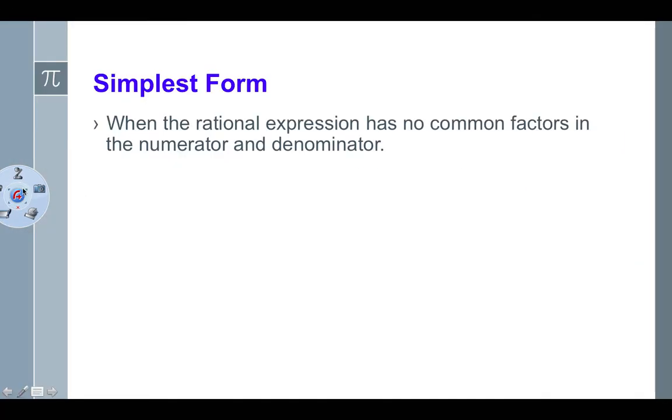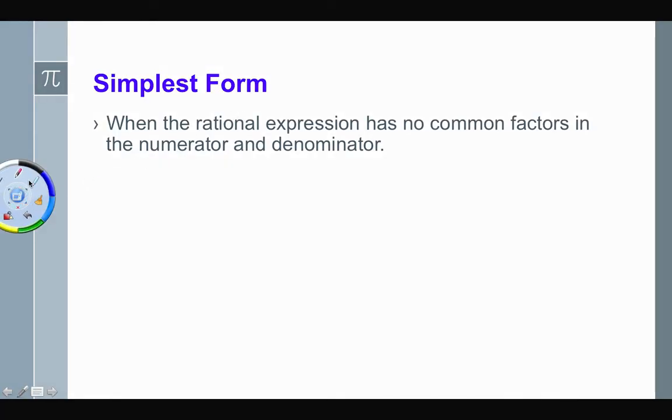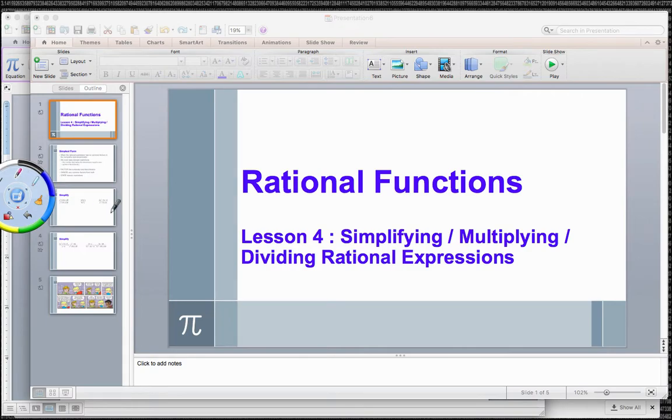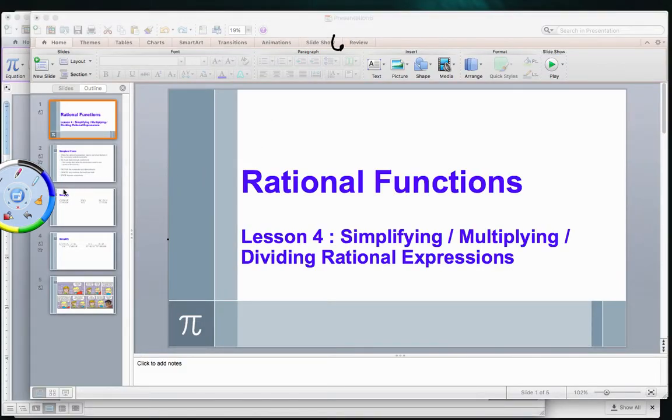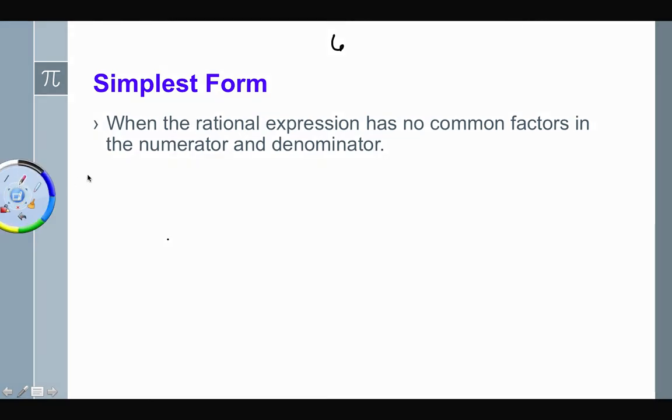Now, we have done this obviously many times before in our study of basic fractions, and it really just looks like if I have the fraction 6 over 8.